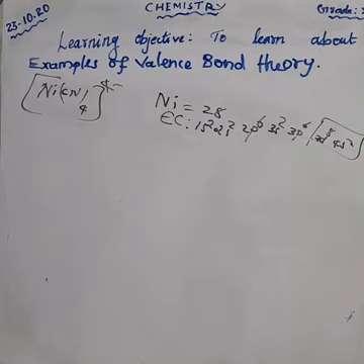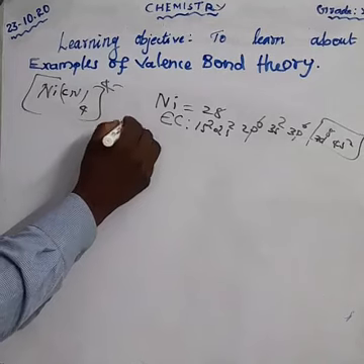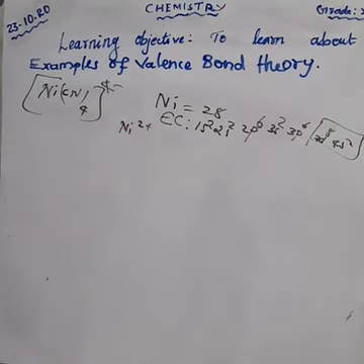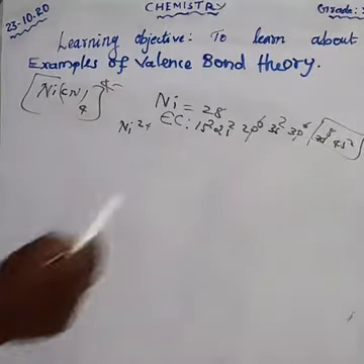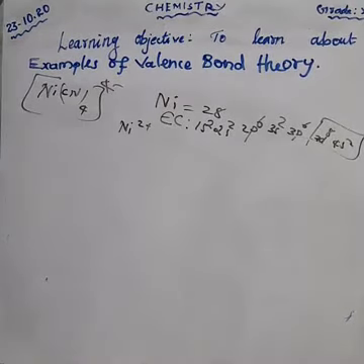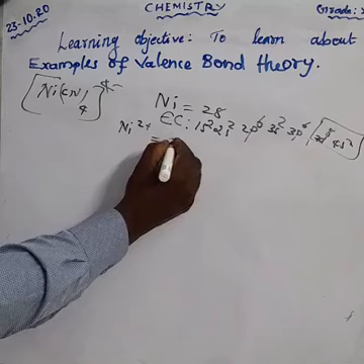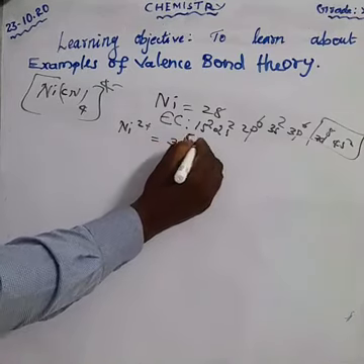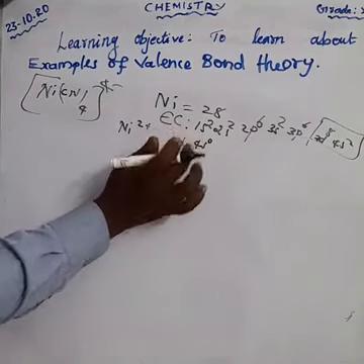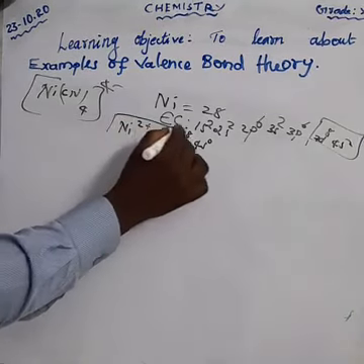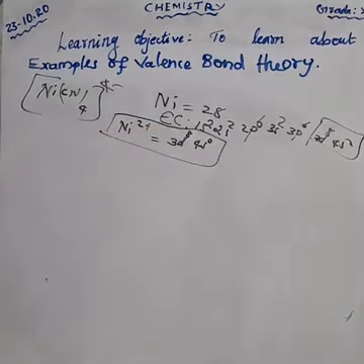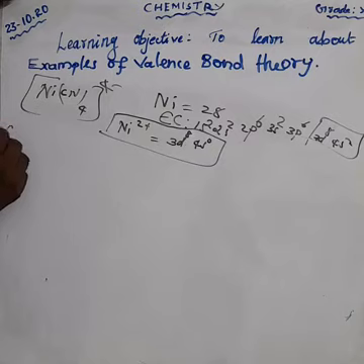Here the ion is Ni2 plus. How will you take Ni2 plus? That means the loss of the 4s electrons. Am I right? 4s becomes 0. So the configuration is 3d8 4s0. This is the configuration of the Ni2 plus ion. So we should write the outer orbitals of the metal ion.